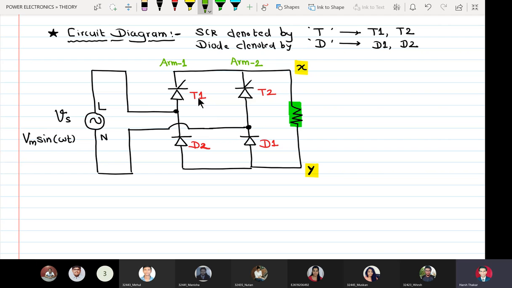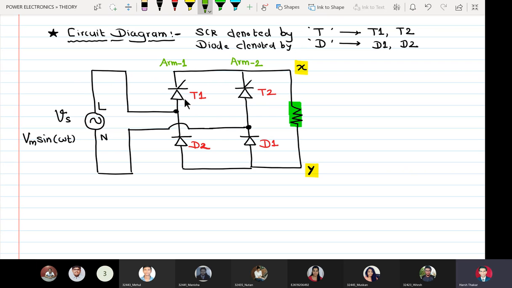So by default, T1 and D2 will not conduct, and by default T2 and D1 will not conduct. Why? Because they are not in the diagonally opposite combination. So by default T1 comma D1 should conduct and T2 comma D2 should conduct, and these pairs will conduct in one of the half cycles.